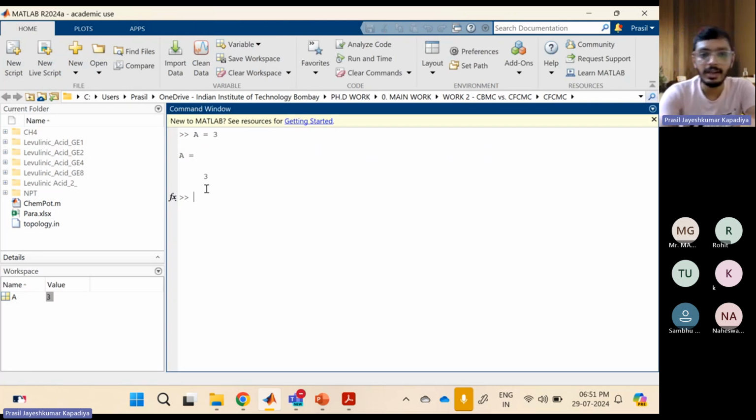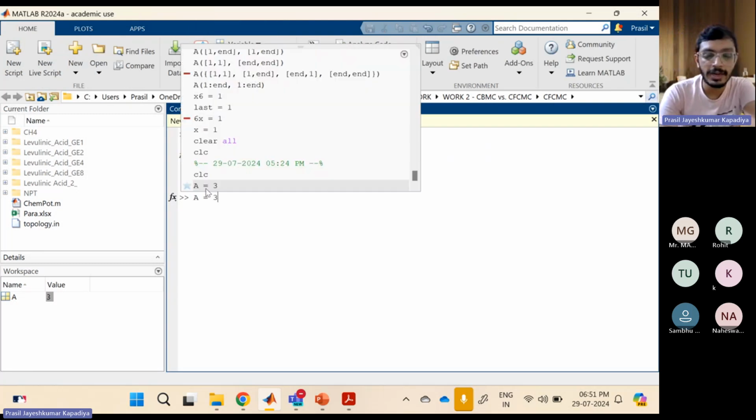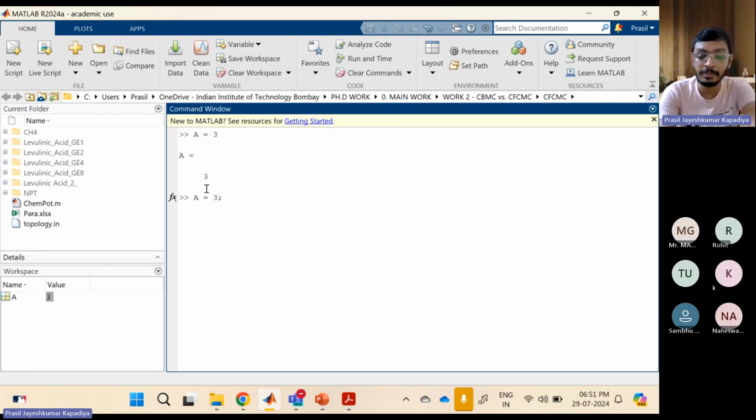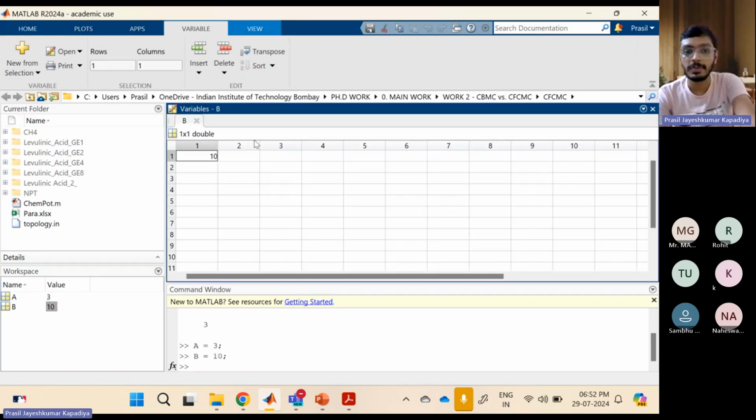What I did was write a = 3 like this, but let's say I write it with a semicolon. Then a is stored, but it is not shown on the command window. Let's say I write b = 10 and put a semicolon. It will not show it here, but that variable is saved in the workspace. So b is also a 1x1 matrix.